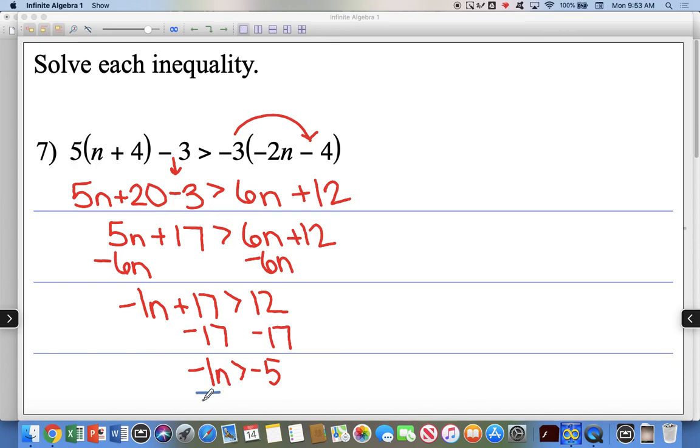If I divide by a negative, when I write my inequality, does it stay greater than or does it flip to less than? And then two negatives make a positive 5. And I will tell you guys, on a multiple choice test, the variable is always on the left. So I would recommend putting variables on the left when you can.